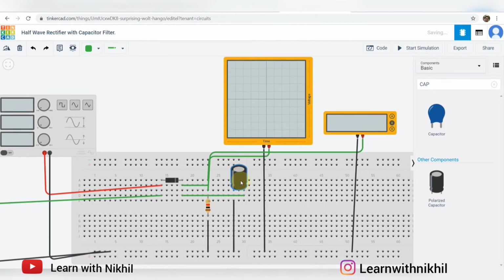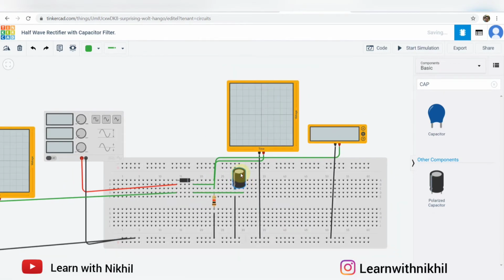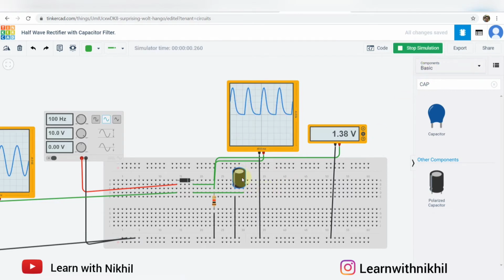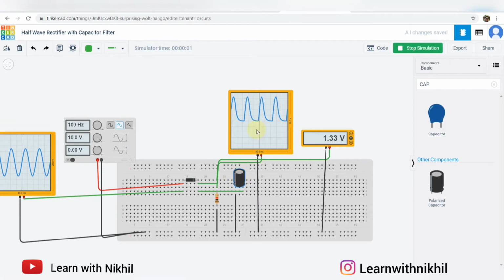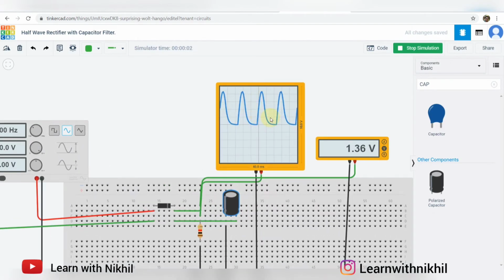You can change the value of the capacitor. As you can see, right now also we are getting the filtered output. This is the output of the filter, where this is the charging and the discharging time of the capacitor. So here the capacitor is charging and discharging.